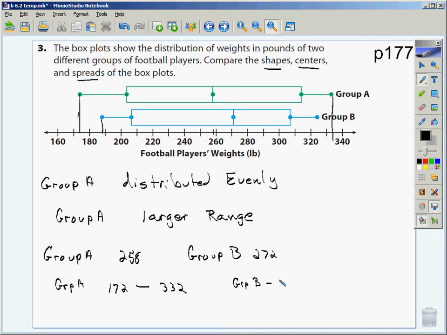What's the low end? About 188. Where does it end? $325.